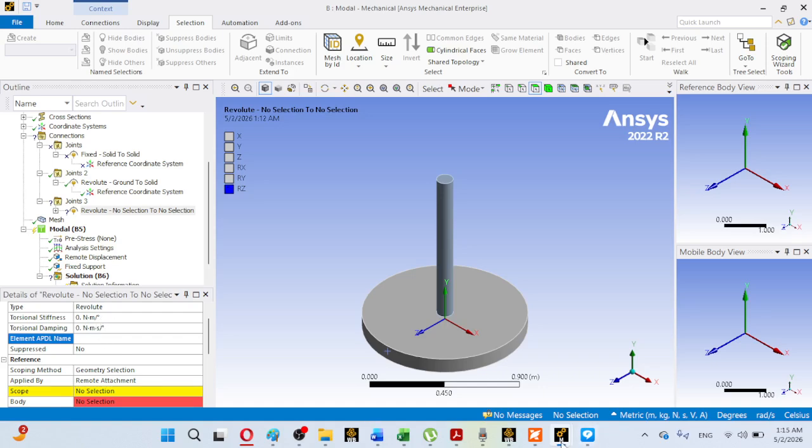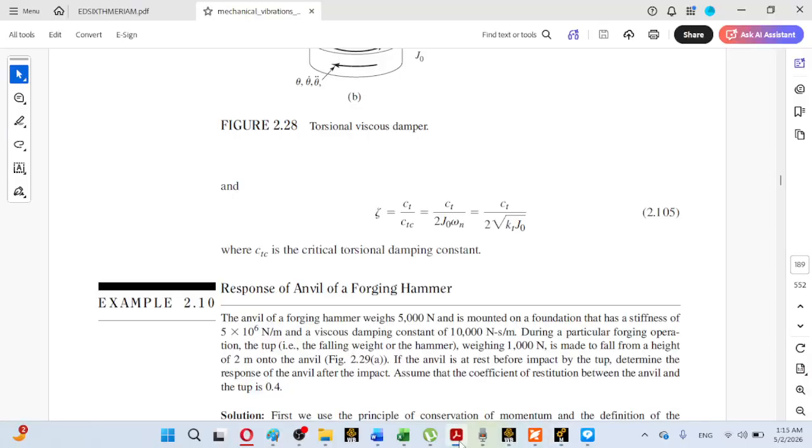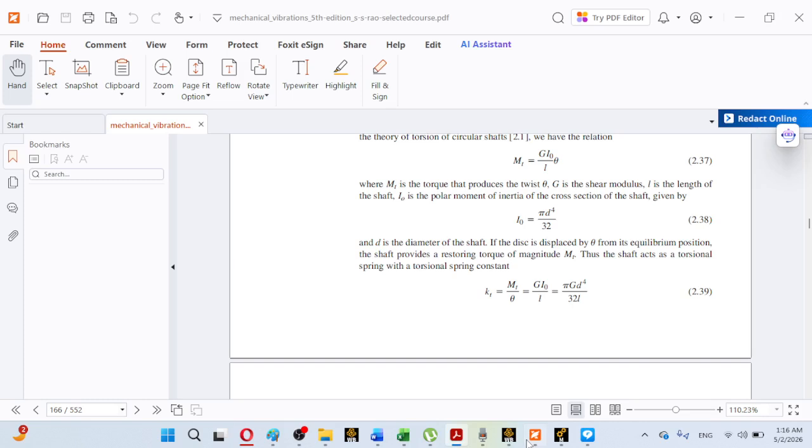So what you have to do is multiply it by pi by 180. Radian cancels out with radian, and you obtain Newton meter per degree. So this is a very important thing.